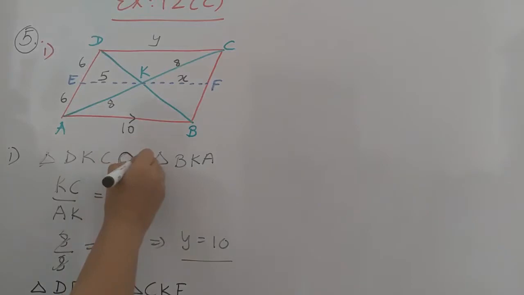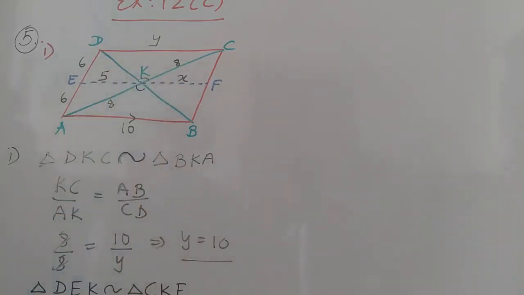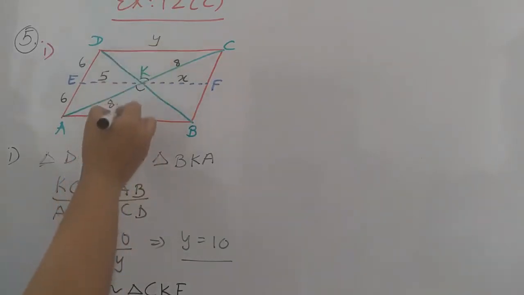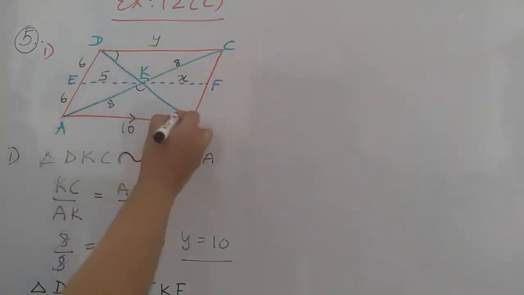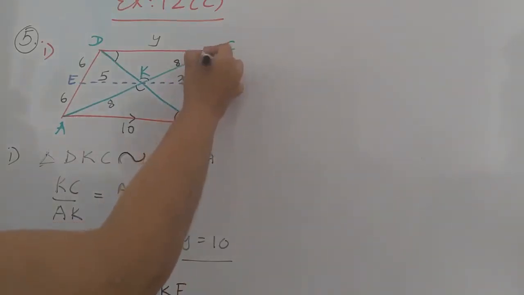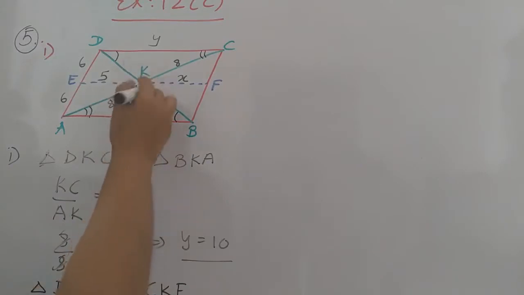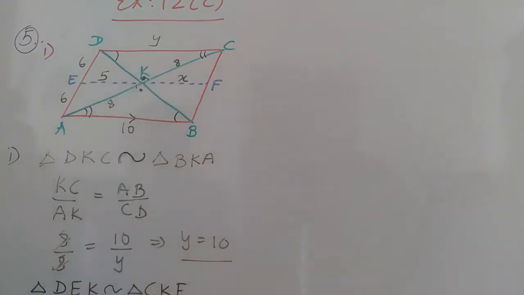First of all, I have taken that the vertically opposite angles are equal. Also, these sides are parallel to each other, so they are forming alternate angles here, and these are also forming alternate angles. This way we can show that all the angles are equal. So by AA similarity we can show triangle DKC is similar to triangle BKA.